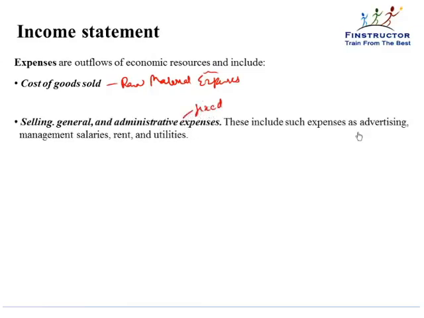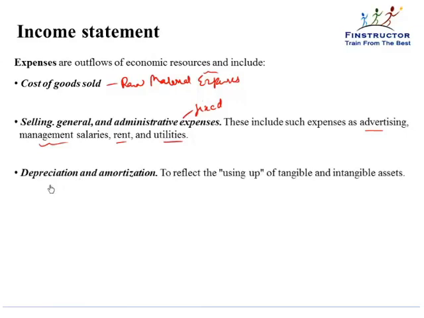These include advertising expenses, salaries of the management, rent, electricity bill, etc. Depreciation and amortization, as we studied earlier, reflects the using up of tangible and intangible assets. Depreciation for tangible and amortization for intangible. We'll study this in more detail in many future reviews.